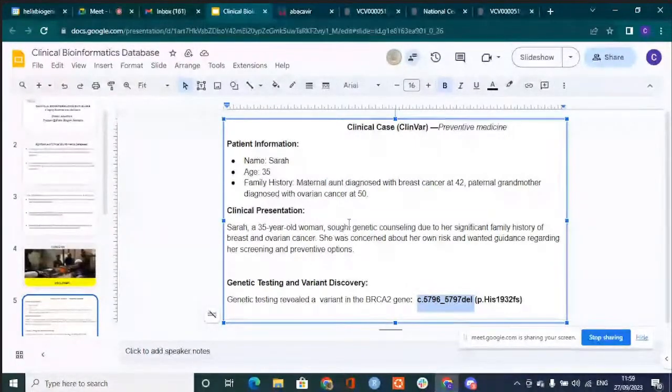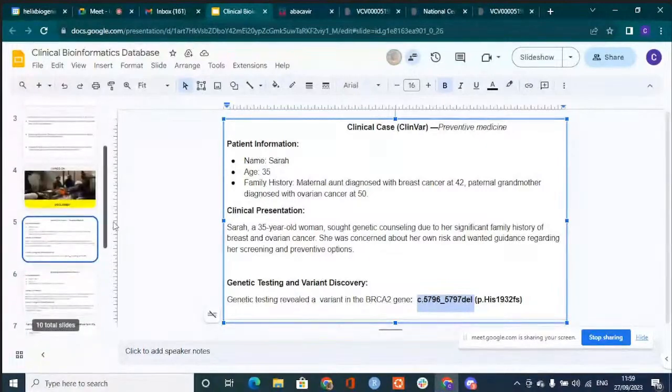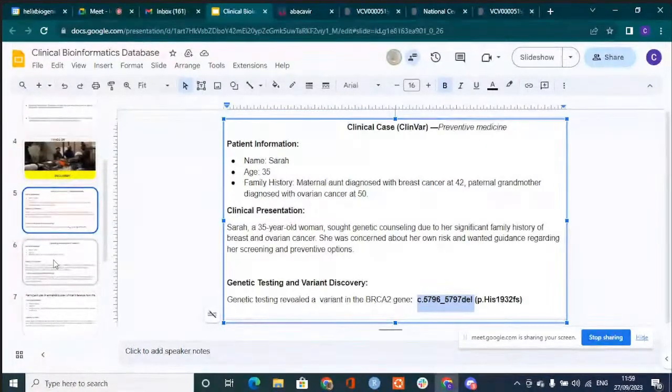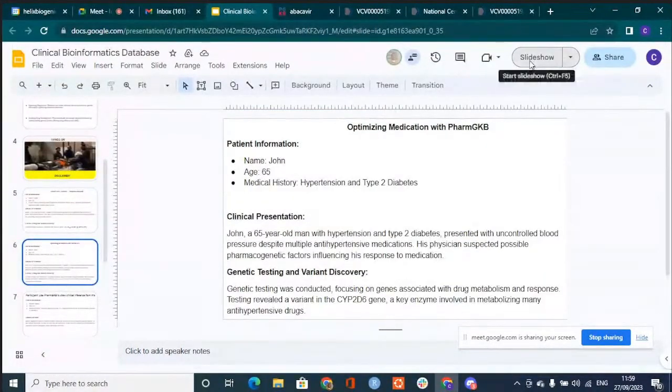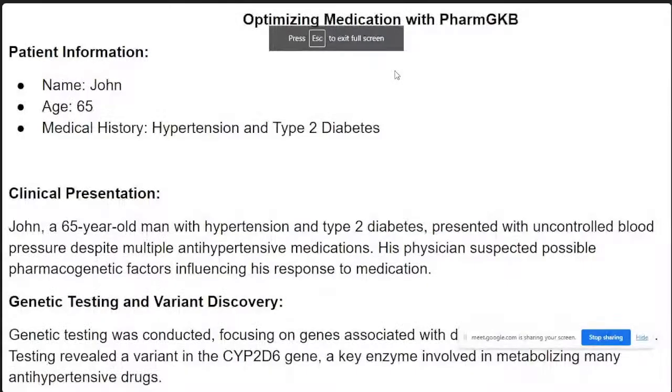Another database that I want to show us is the pharmacogenomics database. So this is another case scenario, but this can continue from the aspect of Sarah as well.